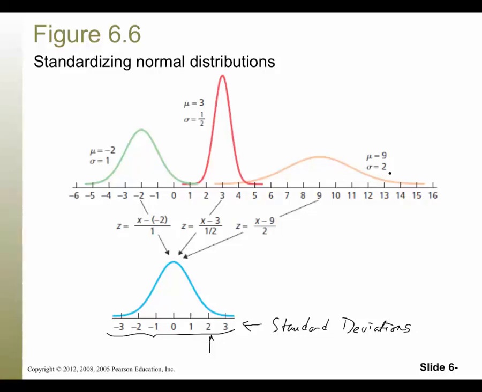So where's 2 standard deviations above the mean? What value of the variable here is 2 standard deviations above the mean? 13, because 9 is the mean, so 1 standard deviation will be 11, 2 will be 13.